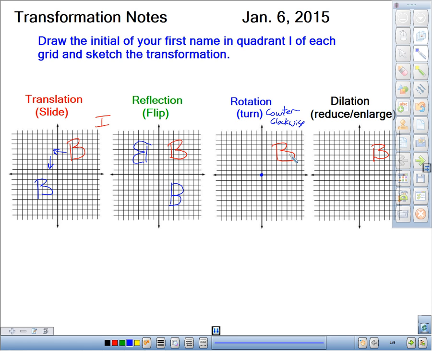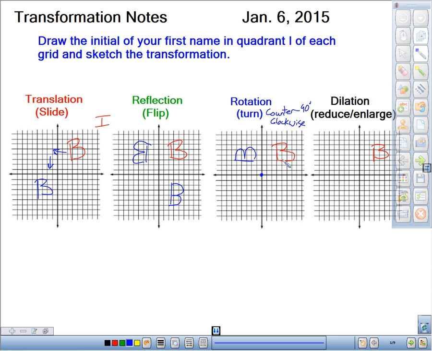So if I were to rotate this around this point, let's say we're going to go 90 degrees. So I'm going to go counterclockwise in a 90-degree path. The way it's going to look is like that. Imagine this entire page being held down at one point. If I were to rotate it around, that's where my B would end up.